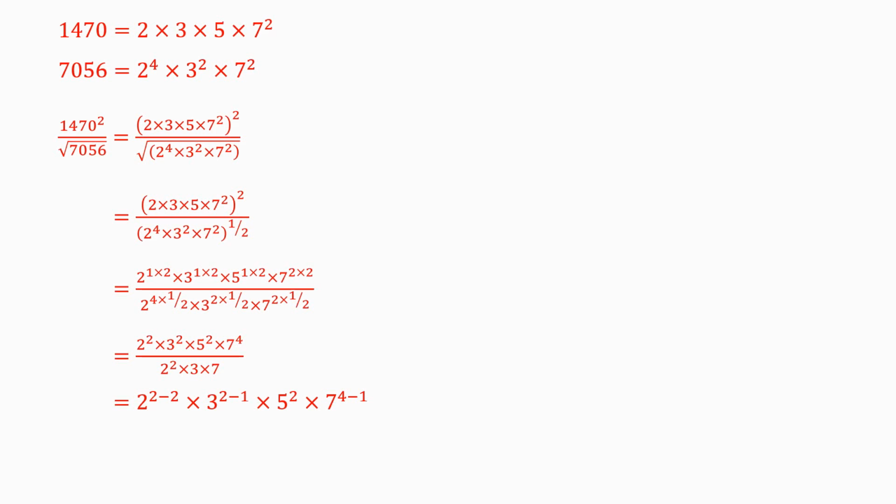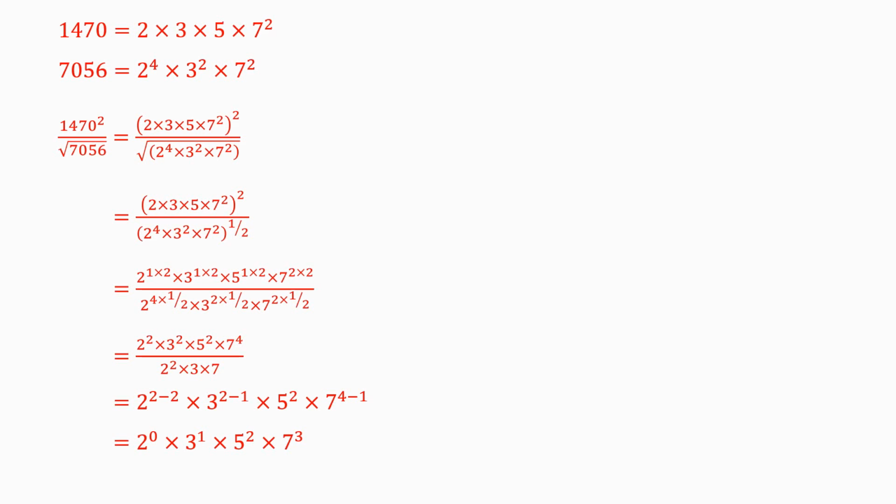Then we have 3 squared minus 1, then times 5 squared because we don't have a 5 in the denominator, then times 7 raised to 4 minus 1. If we simplify this, we have 2 raised to 0 times 3 raised to 1 times 5 squared times 7 cubed.